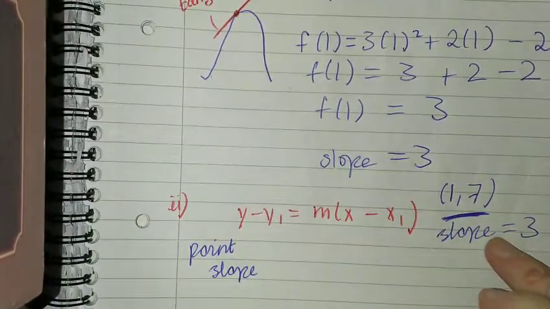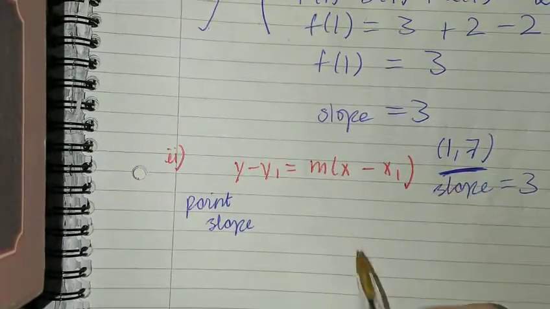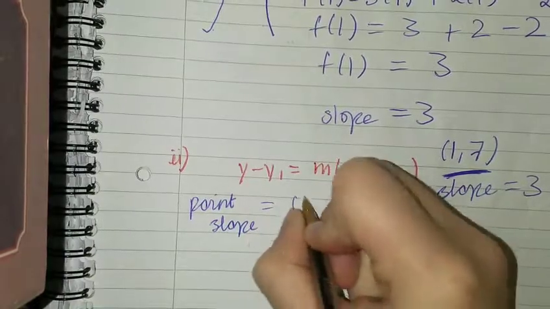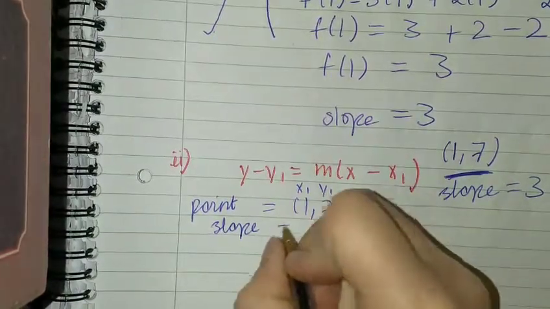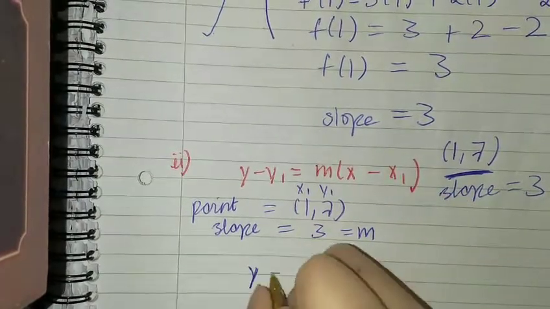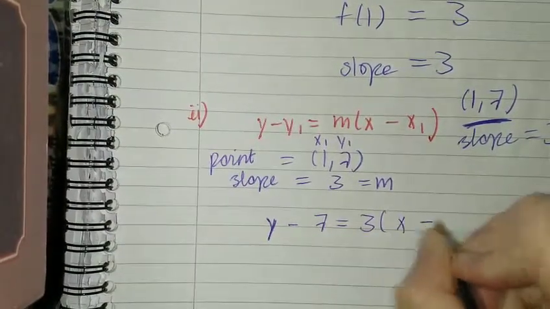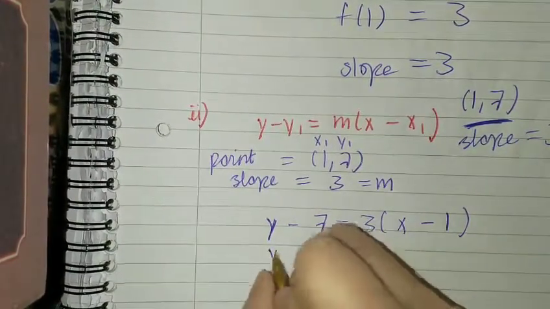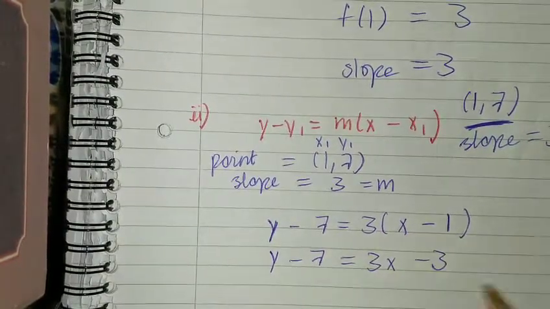So to get the equation of the tangent, we sub in. Our point is 1, 7, so we can call that x1, y1. Our slope is 3, and they call that m. So it'll be y minus y1, which is 7, is equal to m, which is 3, times x minus x1, which is 1. So y minus 7 is equal to 3x minus 3.